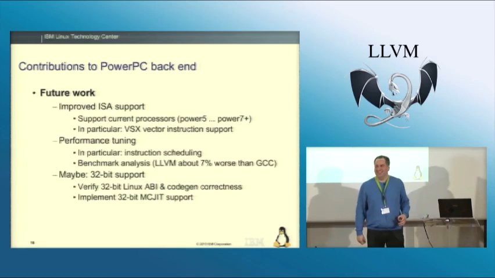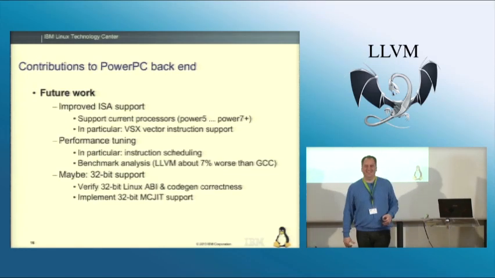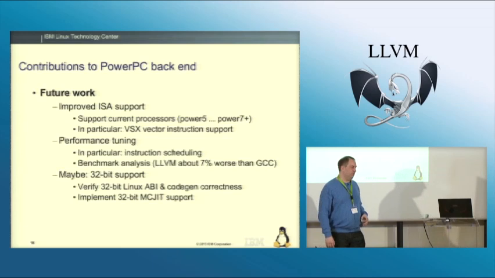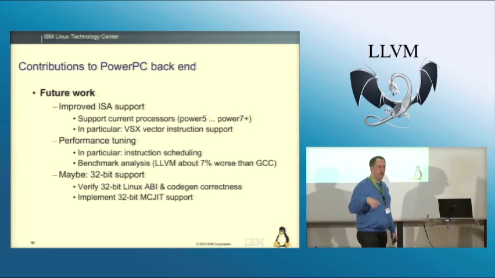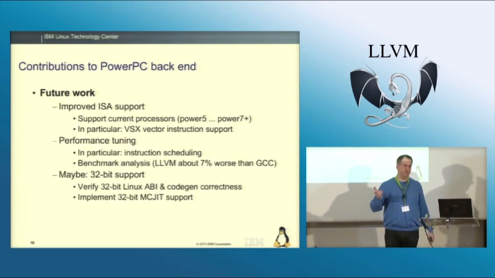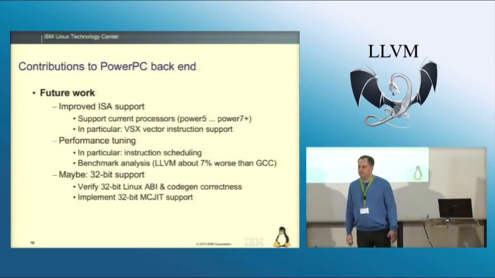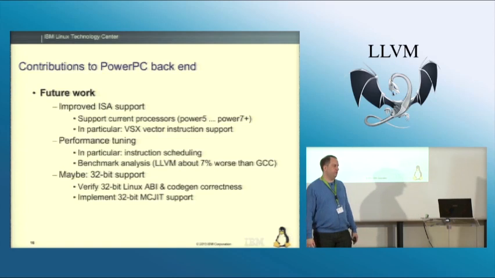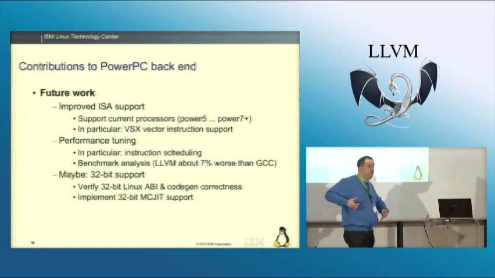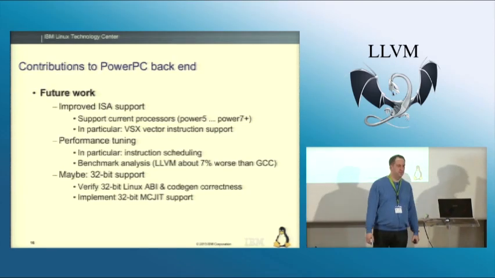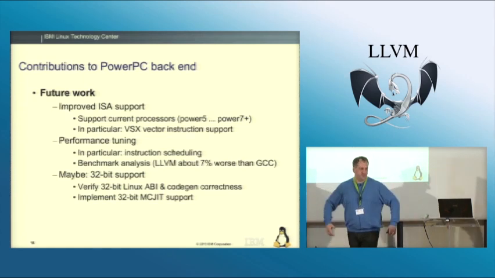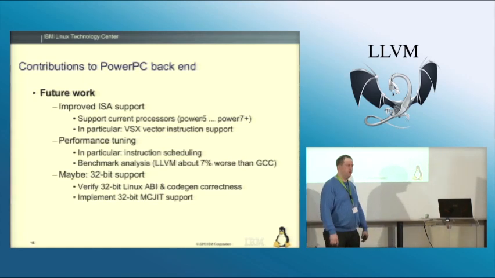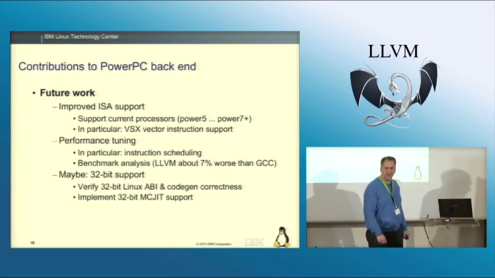We are about 7% worse than GCC, and that is LLVM 3.2 compared to GCC 4.7, which is not great, but it's not really, really bad either. Given that, as I said, a lot of the performance work just hasn't been done. So there's room for improvement, I guess.